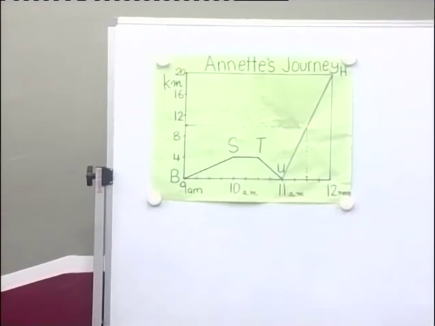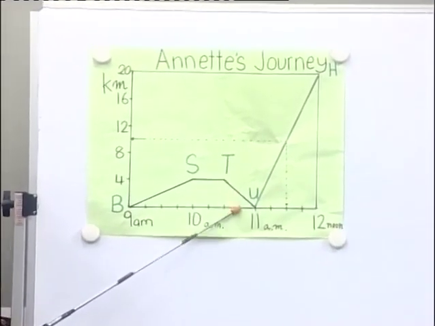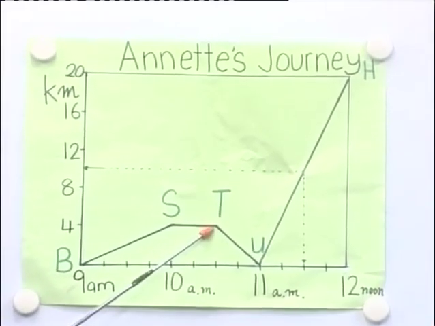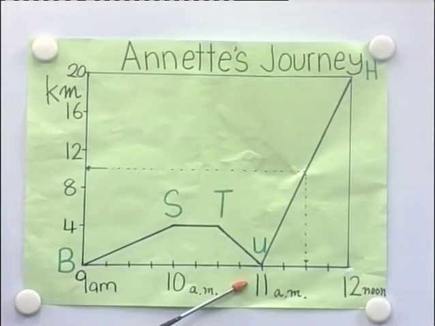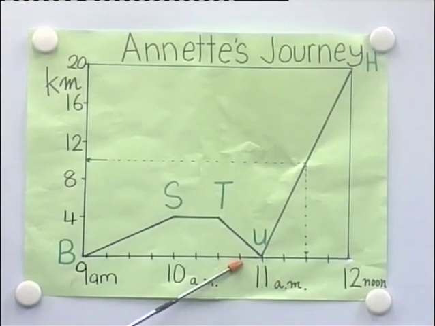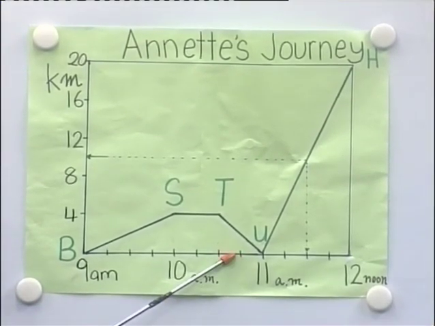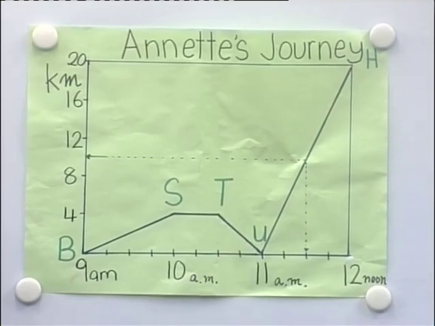Now the next question, find the speed from T to U. So here she's at her friend's house and she goes back to her Bubu's house. She's going the same way. So what's the speed? Receiving students?